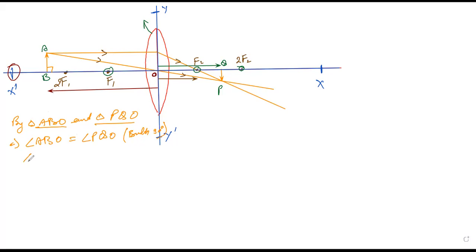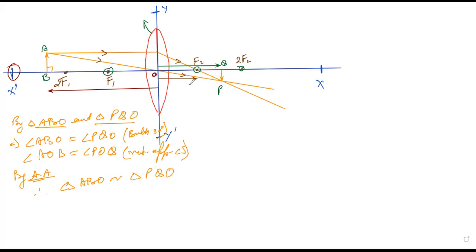The second condition is angle AOB is equal to angle POQ, so that is vertically opposite angles. Okay, so by AA criteria you can say that triangle ABO is similar to triangle PQO.